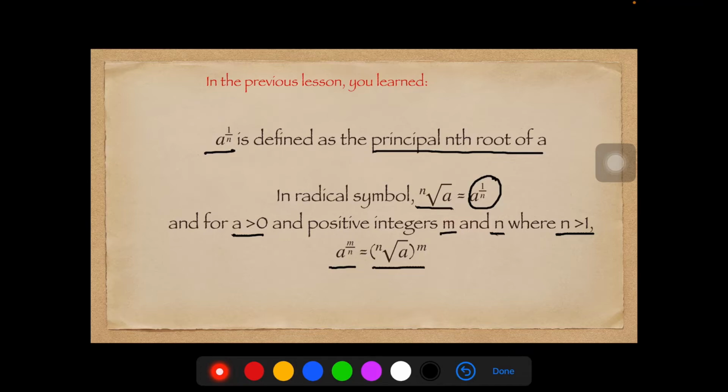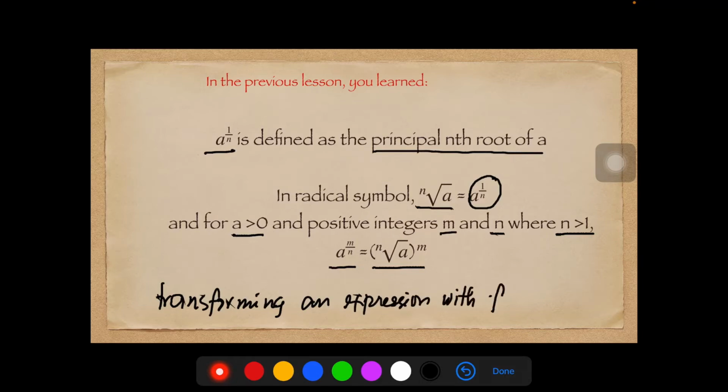So this is just transforming an expression with fractional exponents to radical form. So you are already well versed with that.